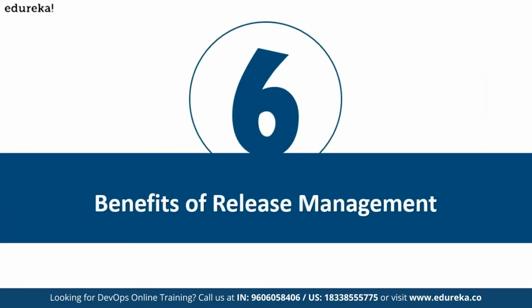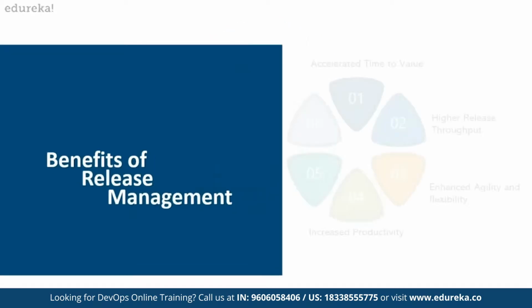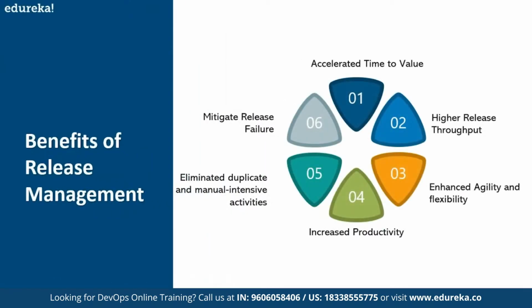Now, what are the benefits of release management? One, we accelerate the time to value. Two, higher release throughput. Third, enhanced agility and flexibility. What do you mean by this? Many times while you are making the software, a lot of changes are required. All those changes can be taken into consideration with enhanced agility and flexibility because of release management. It also leads to increased productivity.